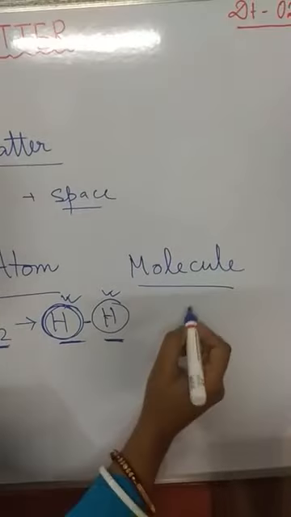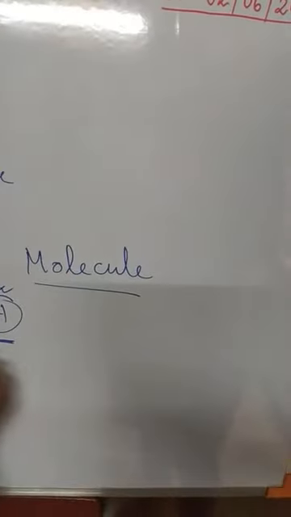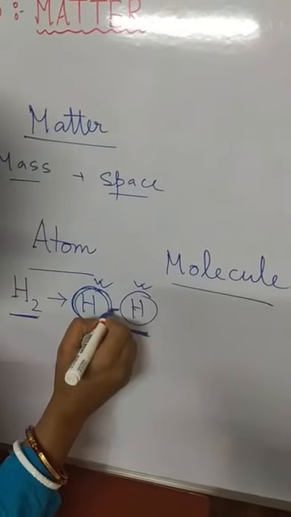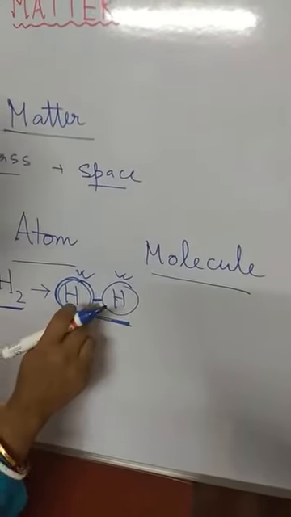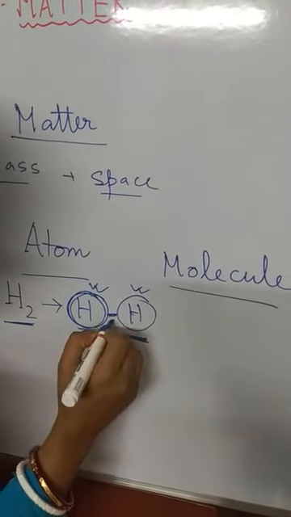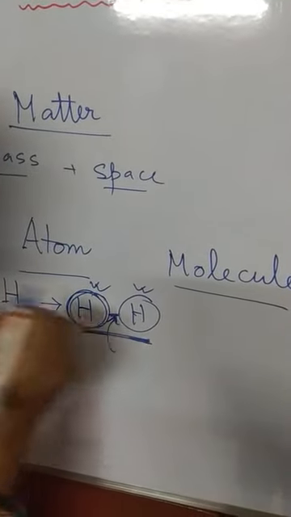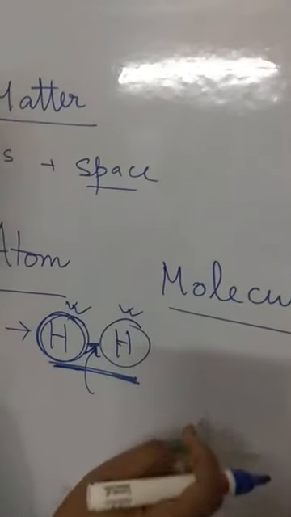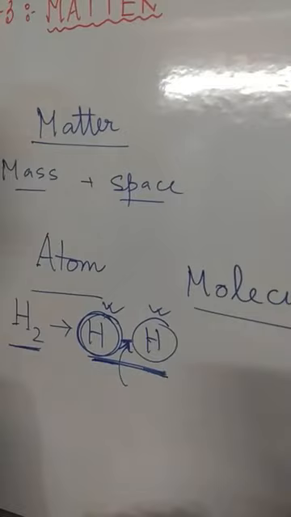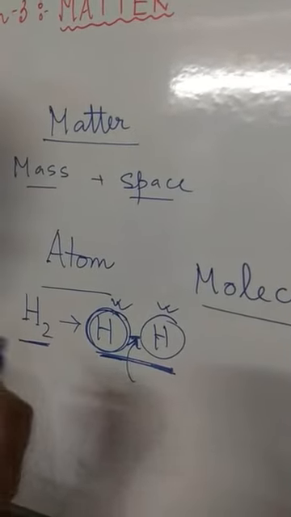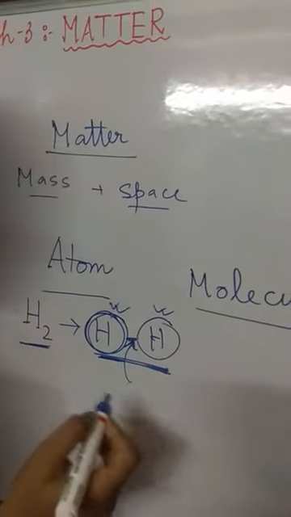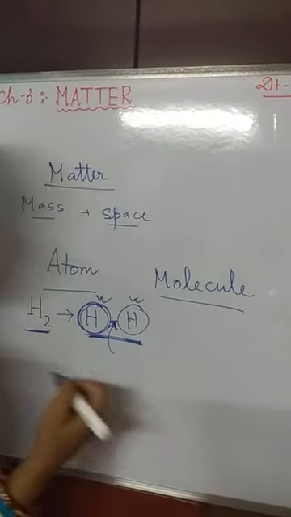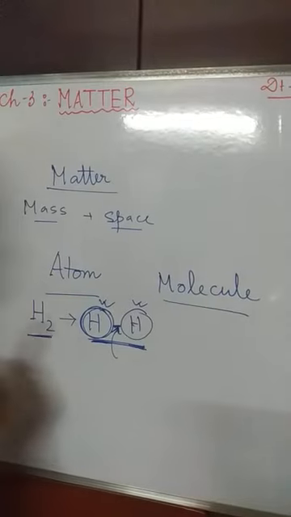Whereas a molecule is when two atoms get together with a bond. A molecule is the smallest particle of any substance which possesses all the properties of that substance, but it can exist independently, not like atoms.